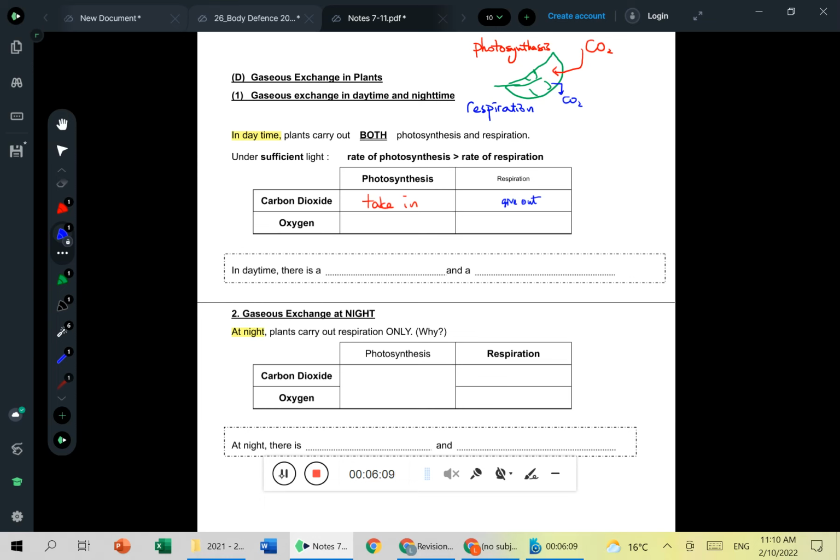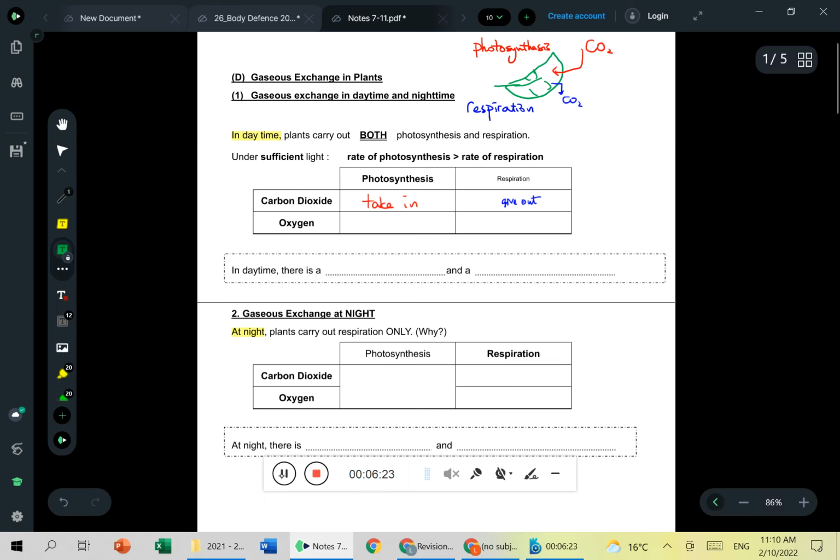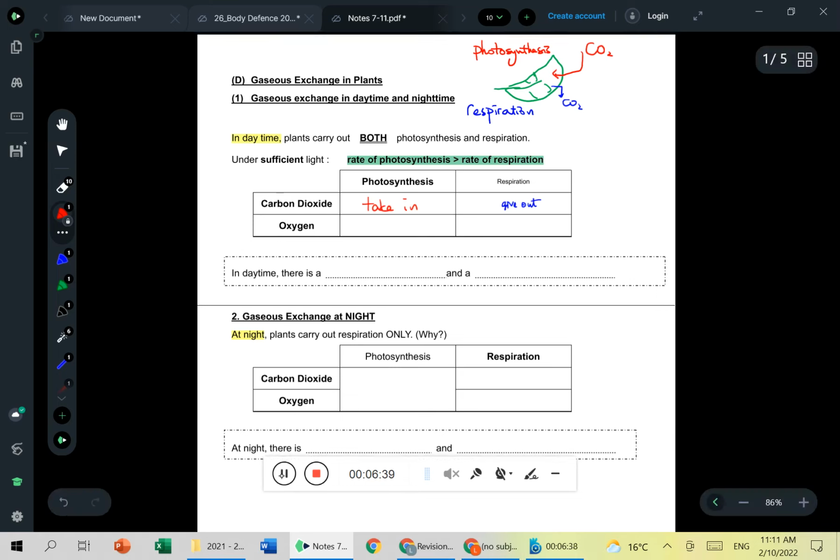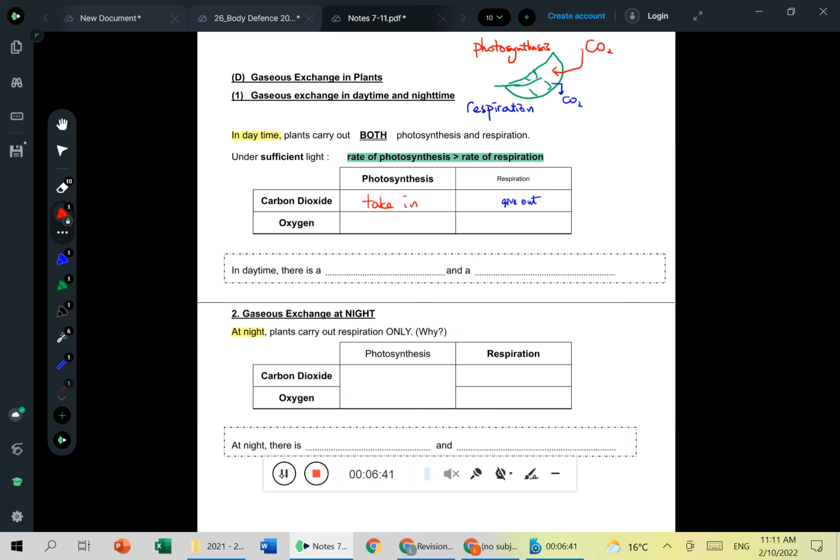The reason I write this in a small way is that I also consider that in daytime, very likely, the rate of photosynthesis is faster than the rate of respiration. So meaning that the amount of CO2 taken in and used by photosynthesis will be greater than the amount of CO2 released by respiration.